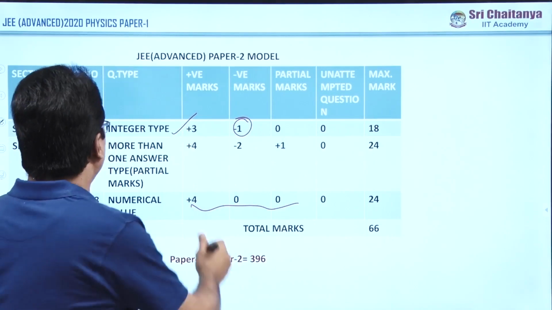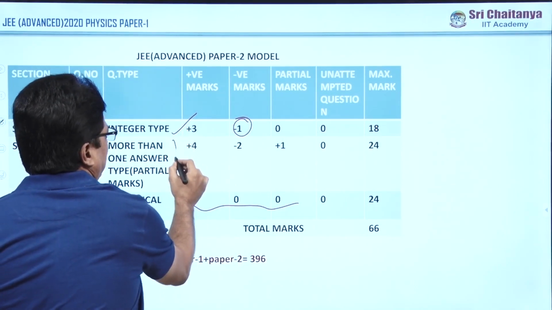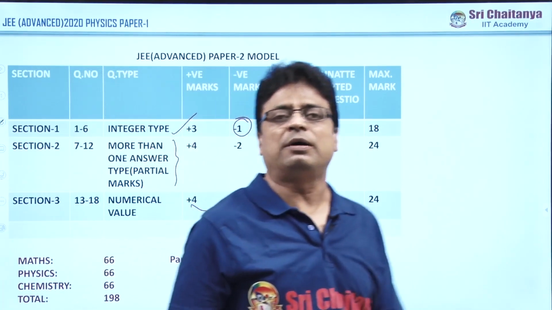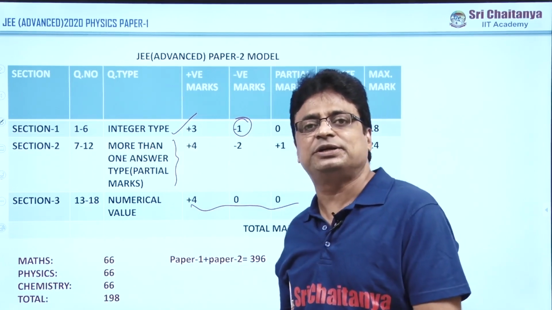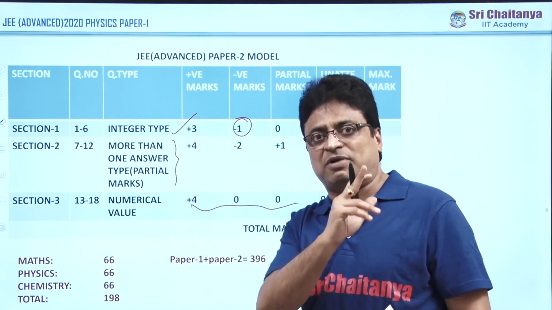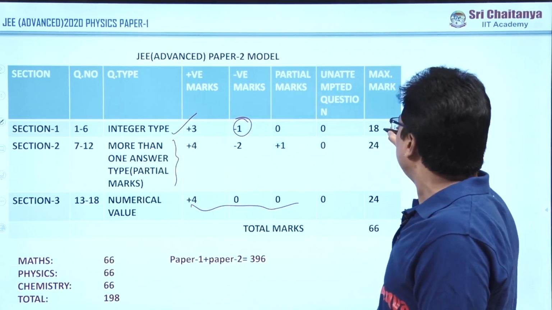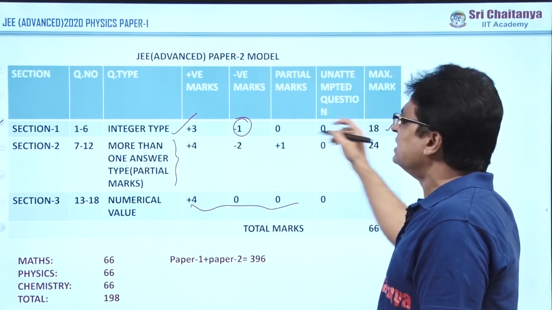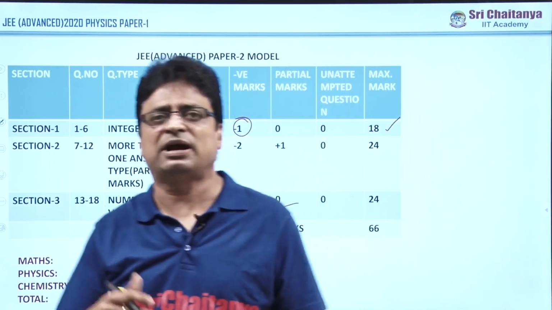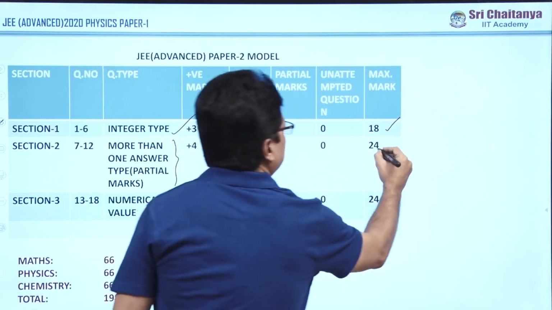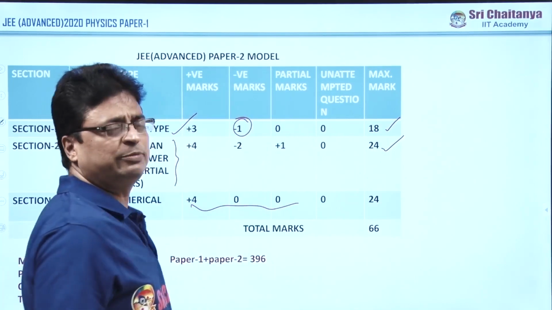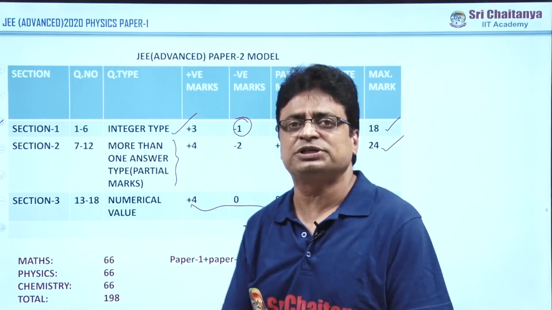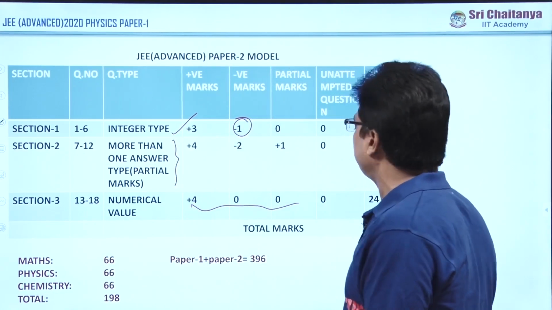And of course, just like in Paper 1, here also in Section 2, more than one answer questions are given, with partial marking. The maximum marks allotted for Section 1, for 6 integer type questions, is 18. The second section, more than one answer, having 6 questions, has a maximum mark of 24. The third section, numerical value, having 6 questions, has a maximum mark of 24.